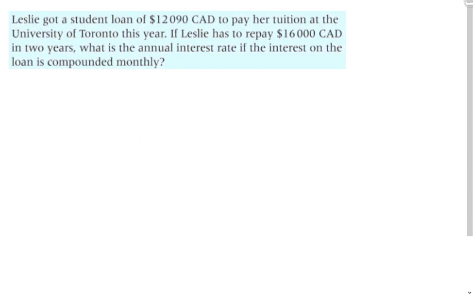In the next one, she had a loan for $12,090 and she had to repay $16,000 in 2 years. What is the annual interest rate if the interest on the loan is compounded monthly? So again, we're compounding interest monthly, and I'm not telling you what the interest rate is. But what I'm telling you is in the end, she had to pay $16,000.